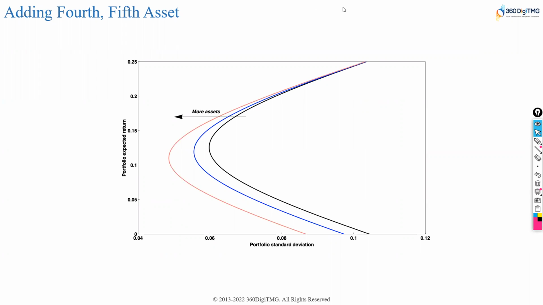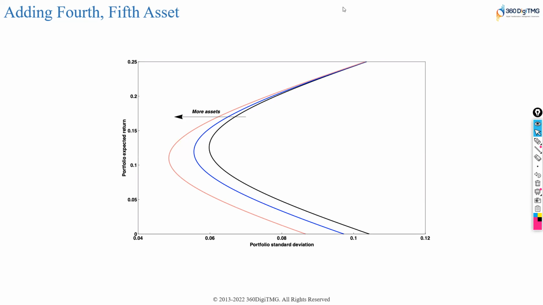If you keep investing in a lot of assets which are uncorrelated, if you keep diversifying, eventually you might get an impression that these frontiers might touch here. If it touches here, risk is zero. But that would not happen.